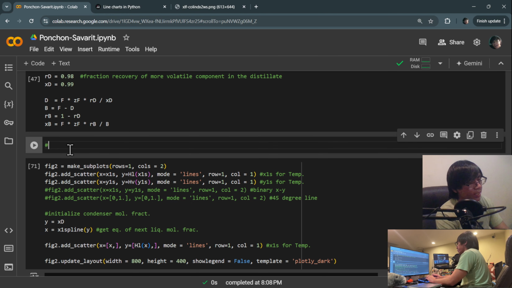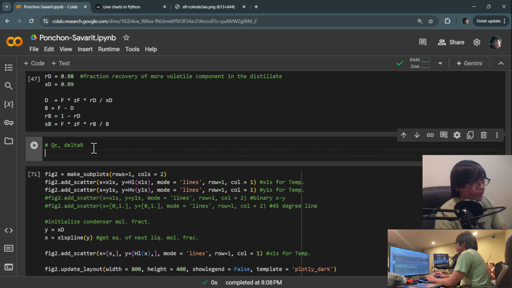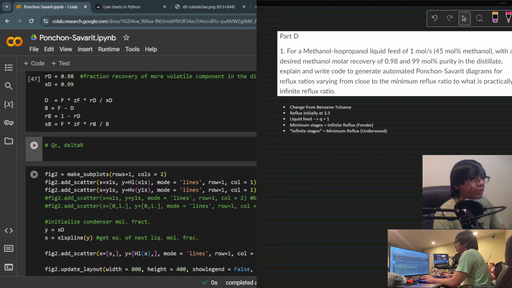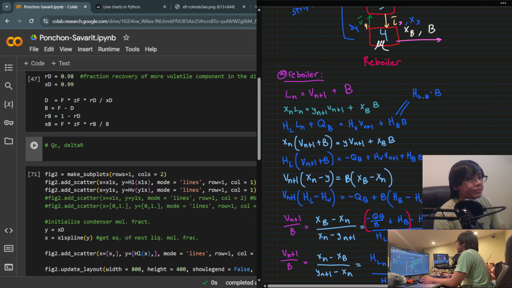So maybe something like our difference point. I think we called it delta R in our example. And before that, in the delta R, remember we have our QC, our condensing power, that needs to be defined as well. I might be able to just put this in, since I think I actually wrote this out already.